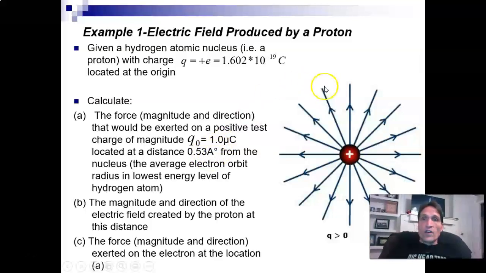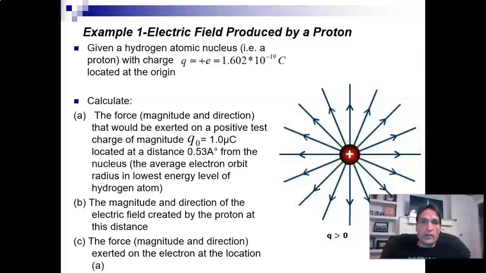So in other words, we're going to stick a little probe at 0.53 angstroms away from the nucleus. We're going to calculate the force exerted on it, and then we're going to divide by this Q0, and that's the force per coulomb exerted on a particle at that point due to the hydrogen nucleus.